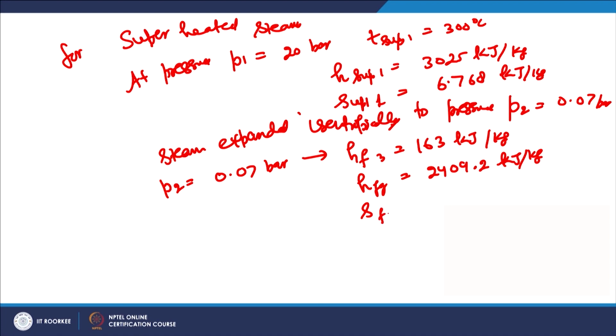Entropy SF is 0.552 kilojoule per kilogram Kelvin. SFG is equal to 7.722 kilojoule per kilogram Kelvin, and V, specific volume, is equal to 0.001 meter cube per kilogram.